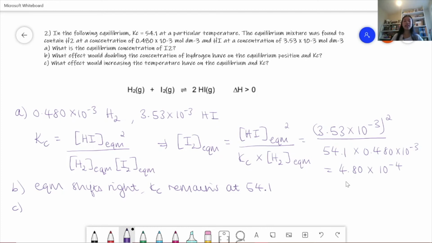Looking at this bit here, it says that the delta H is bigger than 0, which means that the forward reaction is endothermic because it has a positive enthalpy change. So when we increase the temperature, the equilibrium will favour the forward reaction, and so the equilibrium shifts to the right.